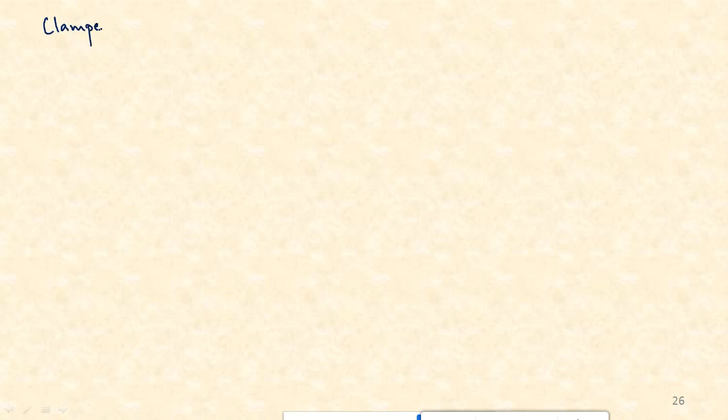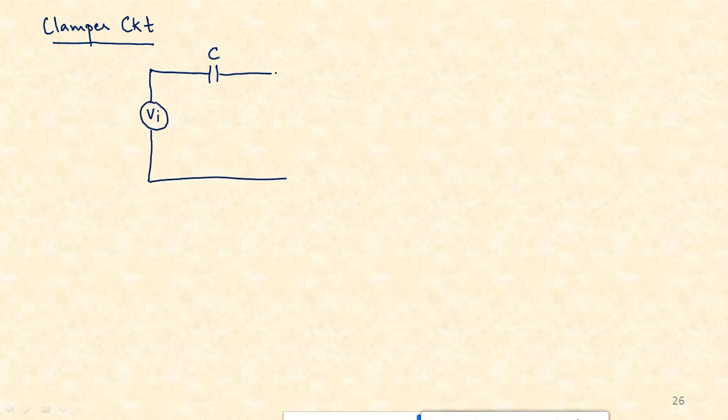So let's consider a clamper circuit. As the definition spoke, in a clamper circuit the most important component is a capacitor C. Let us apply an input voltage to it, and let's assume that a diode is placed.